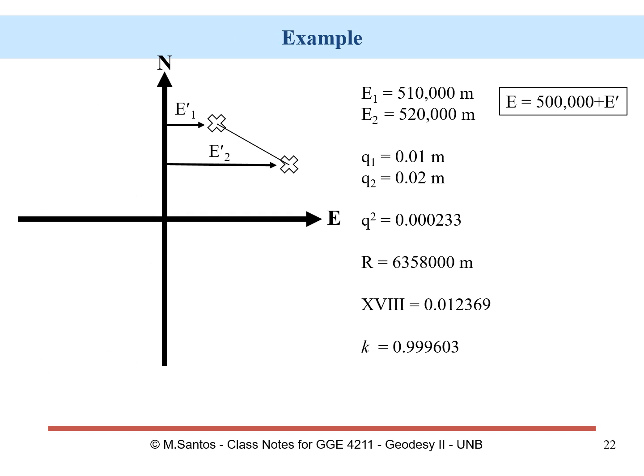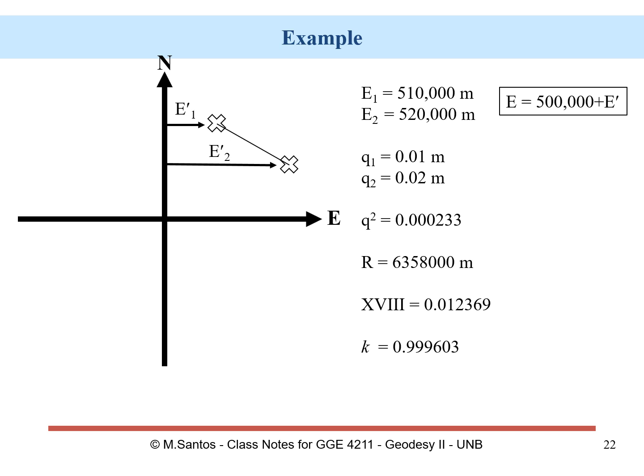Okay, consider these two points. One point has an easting coordinate of 510,000 meters, the other 520,000 meters. Both are to the east of the central meridian, of course, because they are both greater than 500,000. So we have to compute the term q squared.